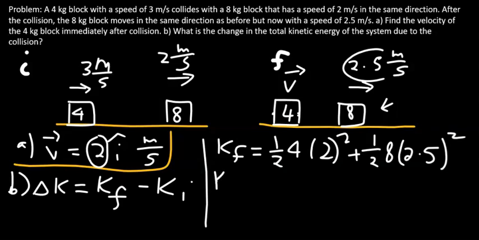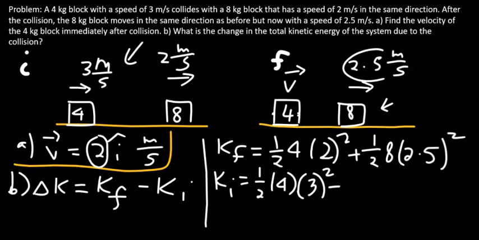Now let's calculate the initial kinetic energy of the system. So that diagram right there, so half times the mass is 4 and the speed of that 4 kg block before the collision is 3 meters per second, so 3 squared, plus half times the mass of the 8 kg block is 8 kg and the speed prior to collision is 2 meters per second, so 2 squared.